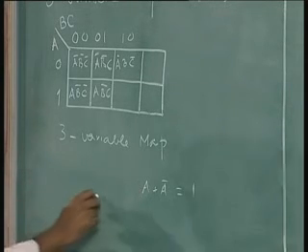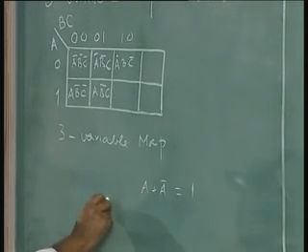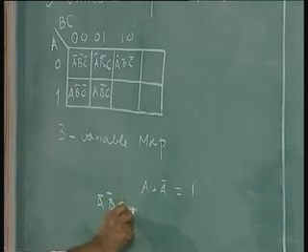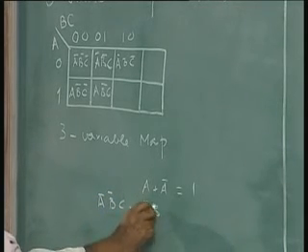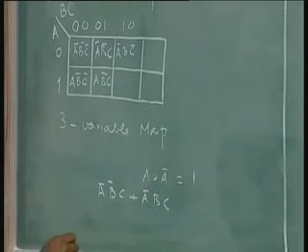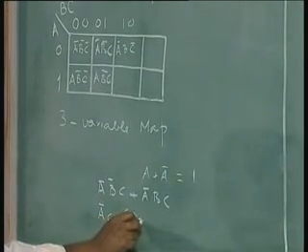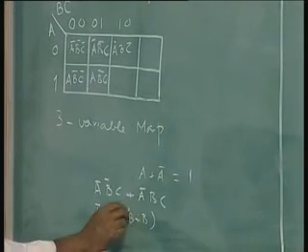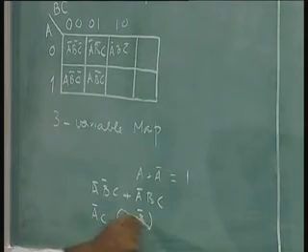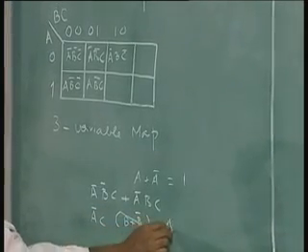So for example, if we have A bar, B bar, C, or A bar, B, C, then I can take this as A bar, C, and B or B bar, and knock it off and write it as A, C, A bar, C.